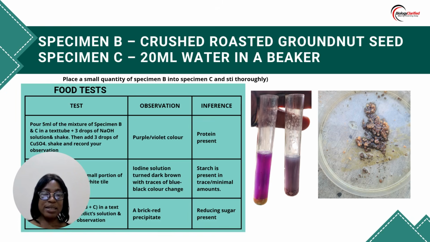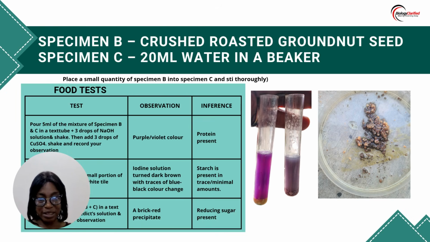Then lastly, iodine. Anytime a food item is to be tested with iodine, know that they are looking out for starch. The test for starch is the use of iodine. If you put a drop of iodine on anything that contains starch, it will turn blue black.